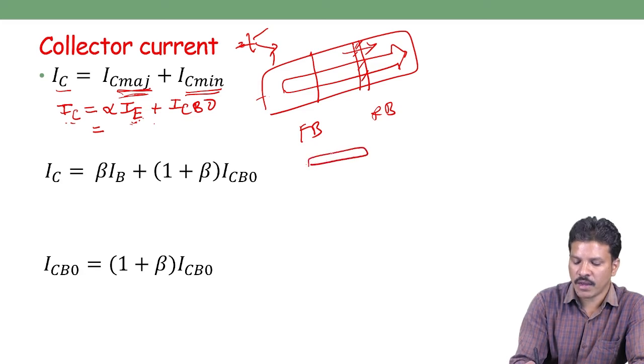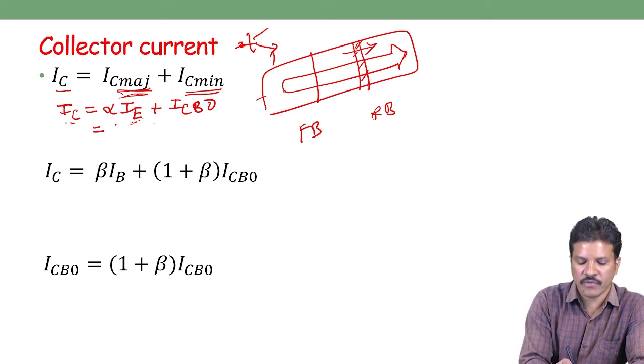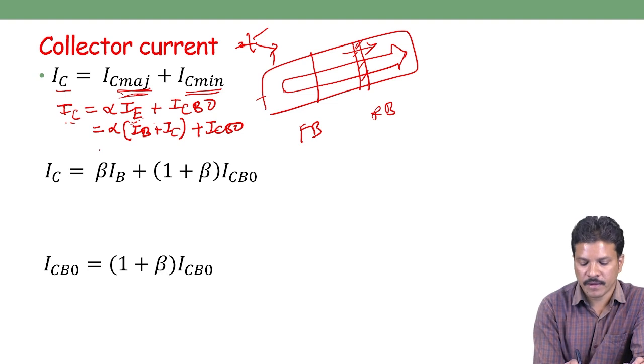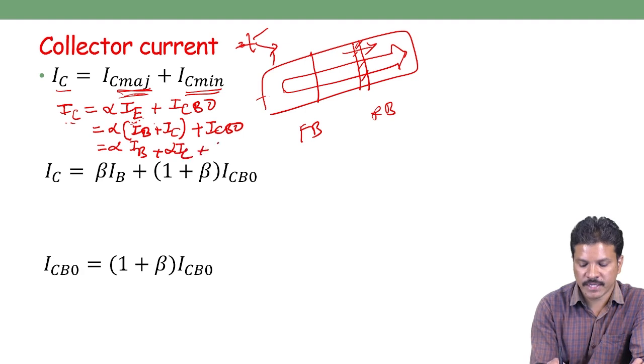We have a formula: emitter current is equal to the sum of base and collector current. So IE is nothing but IB plus IC. Then expand: alpha IB plus alpha IC plus ICBO.